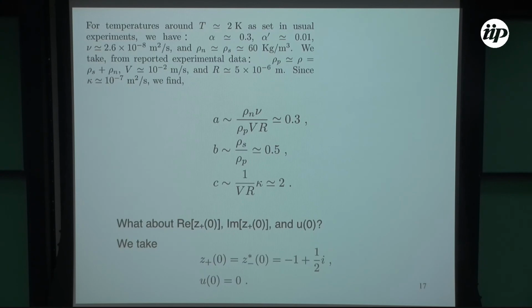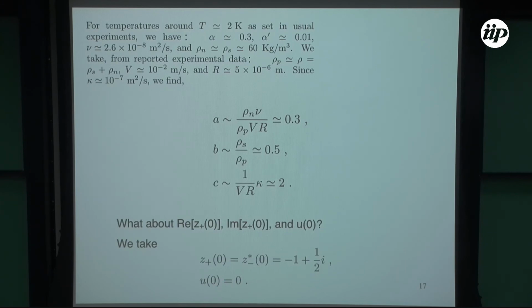But we also have to figure out what the initial conditions are, the positions for the vortex in the vortex dipole and initial velocity. So we're going to take the vortex dipole as close as possible to the particle, since we want to explore these bound states. This is the choice for the initial conditions, and we're going to take the particle at rest initially.